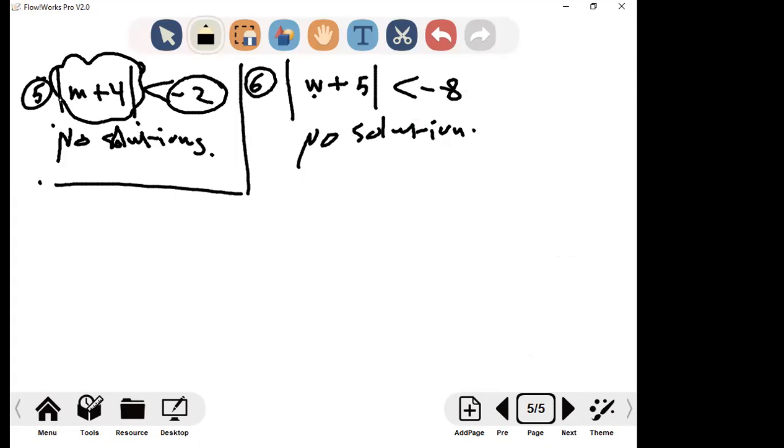Let's go back here a little bit to what we did in the homework, right? If absolute value less than a negative number, we said what? No solution. So, can the absolute value be more than the negative number? Yeah. Right? The absolute value can be more than the negative number. So, if the absolute value less than negative, what do we say? No solution. Let's take an example.